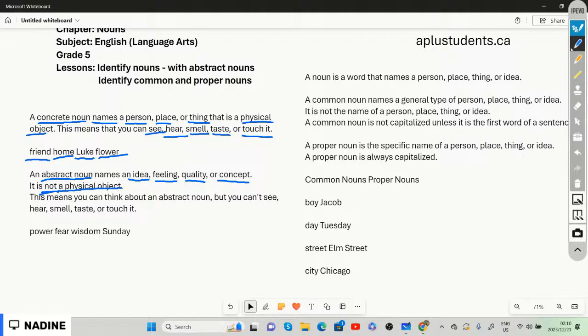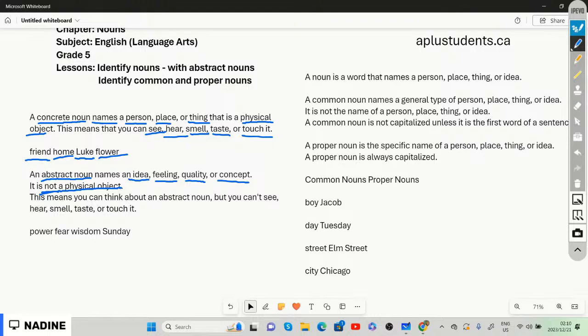These are things that you cannot physically see, hear, smell, taste, or touch, so they are not physical objects. My ideas are basically things that I thought of. Feelings, right? It's my emotions, what I feel.